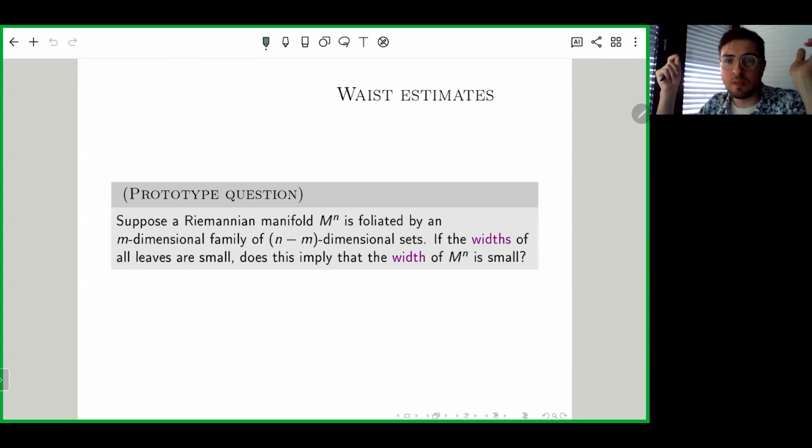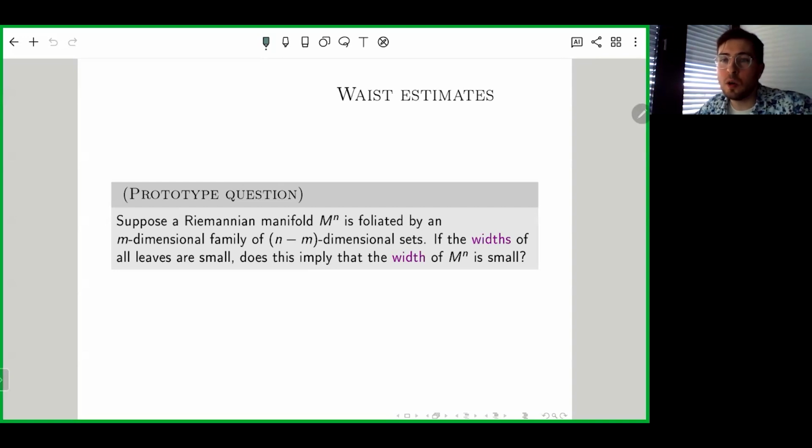So suppose it's foliated, in quotes, by an m-dimensional family of n minus m-dimensional sets. And when I say foliated, I don't mean anything honestly. I don't require any regularity of those sets, except maybe their dimension is n minus m. But honestly, in the results, I don't even assume that.